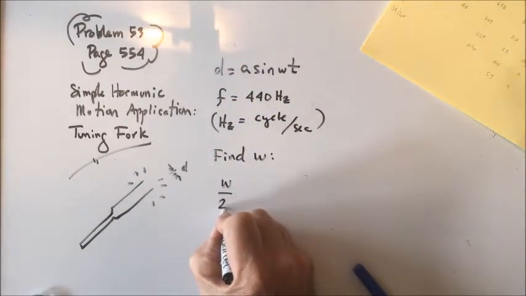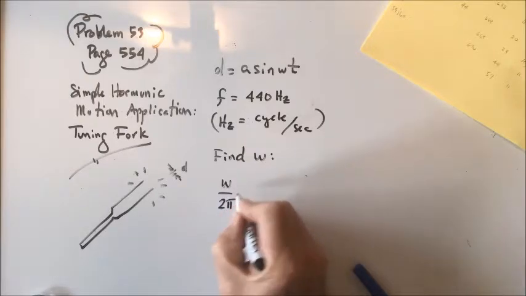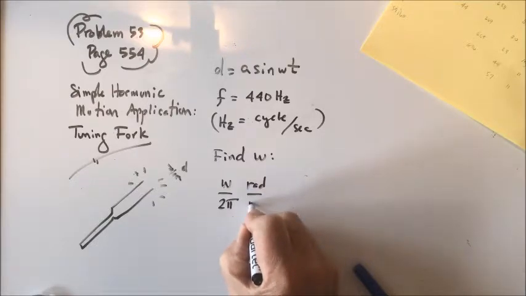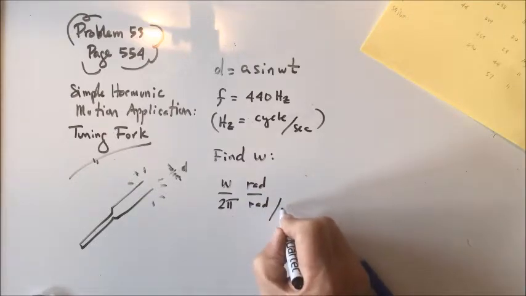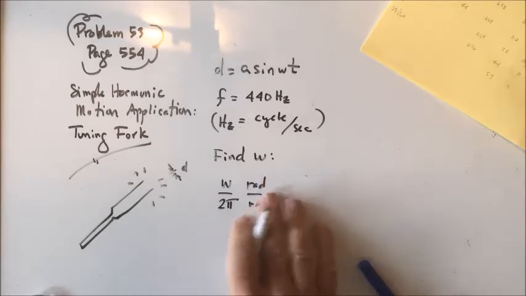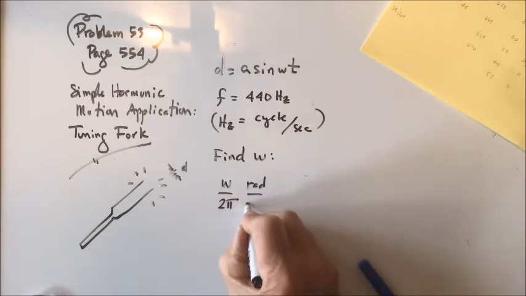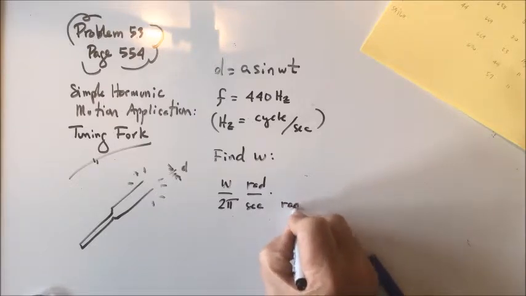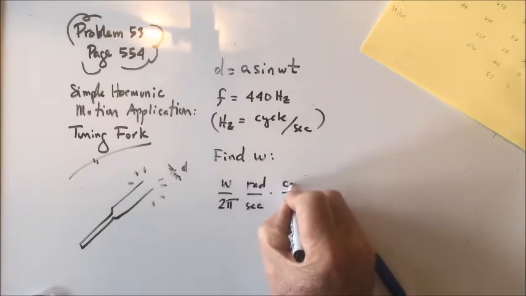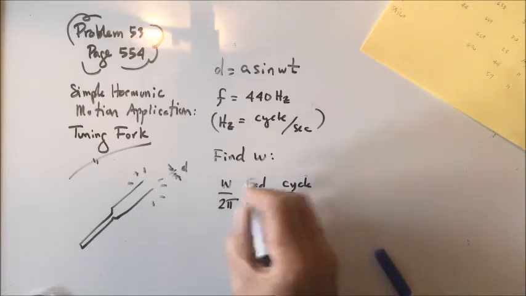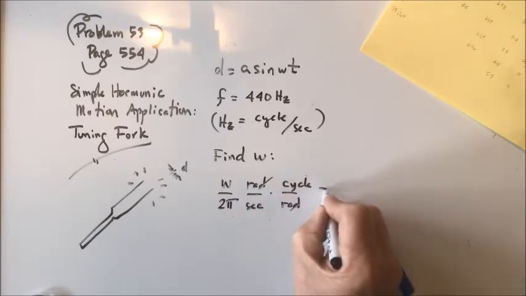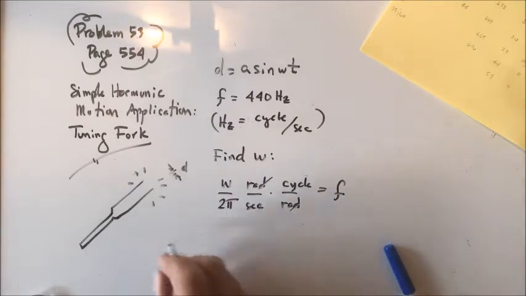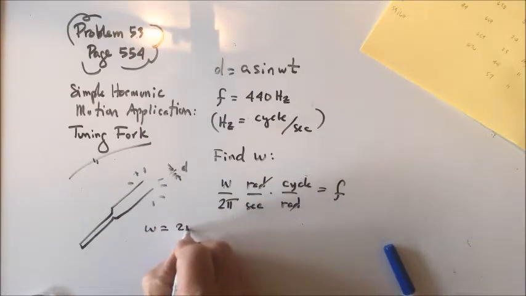So if we divide omega by 2 pi, which is the number of radians in one cycle, we end up with cycles per second, which is f. All right, so omega is equal to 2 pi f.